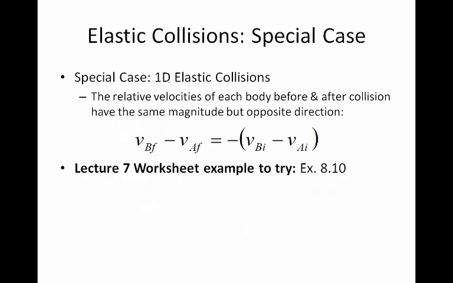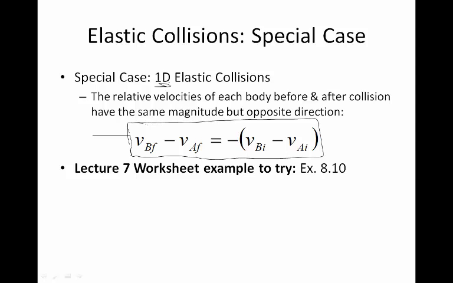Alright, so there is a special case of elastic collisions where you don't have to deal with all 4 equations necessarily. And these are one-dimensional elastic collisions. You could derive this equation if you want. That's a fun little exercise if you want to see where this came from. But this is, I guess you could call it a 5th equation to add to your list.